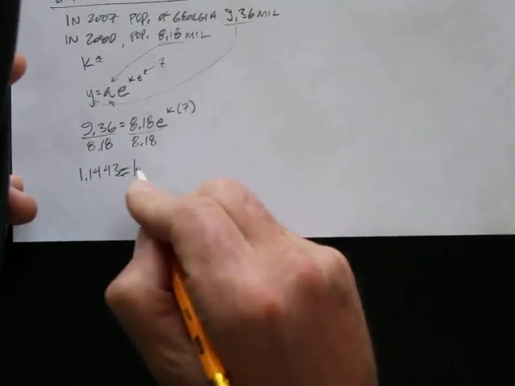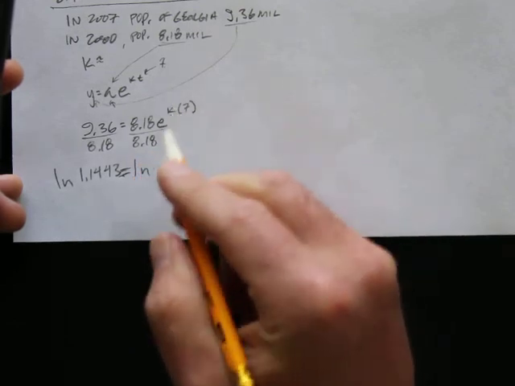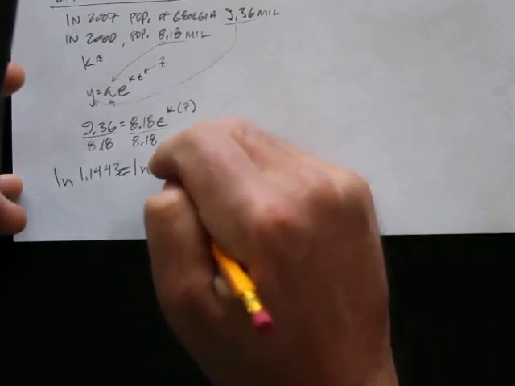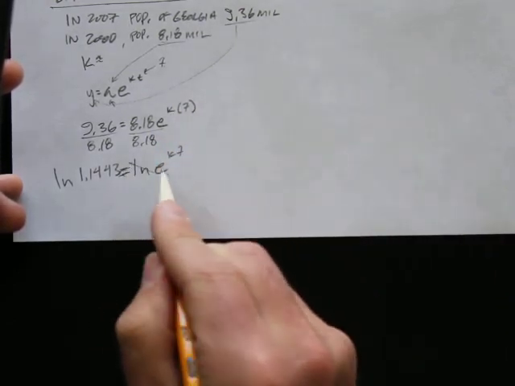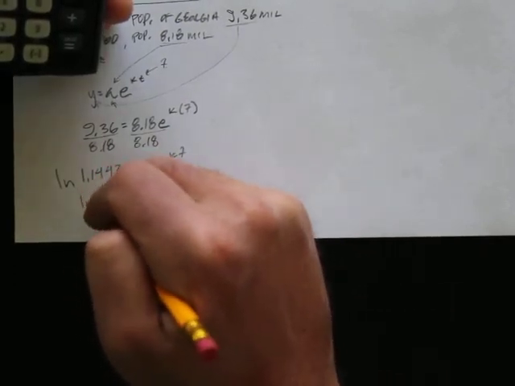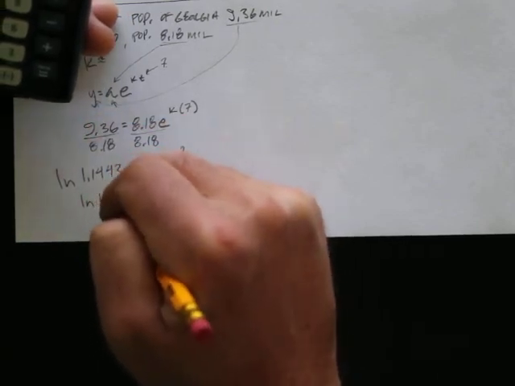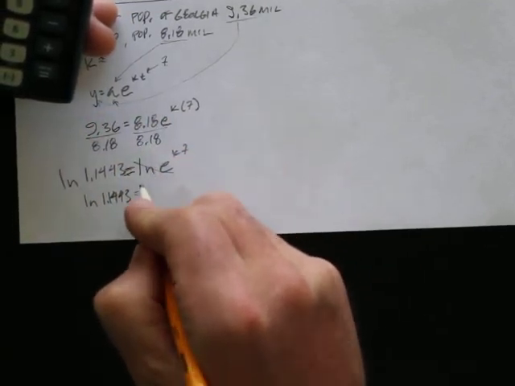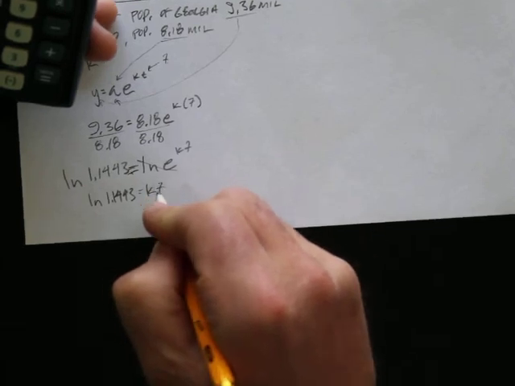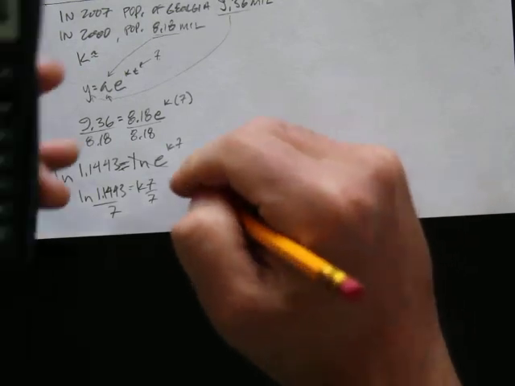Then I'm going to take the natural log of that, and the natural log of what's left over here, which is e to the k times 7. That goes away, so I'm left with k times 7. Natural log of 1.1443 equals k times 7. So I'm going to divide both sides by 7, and I will find out what k is.